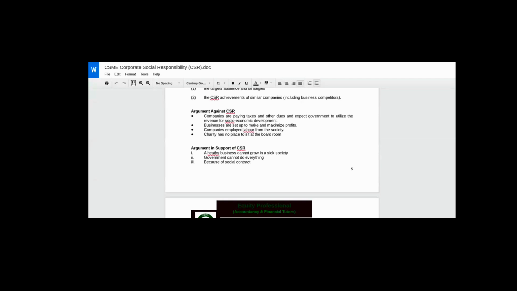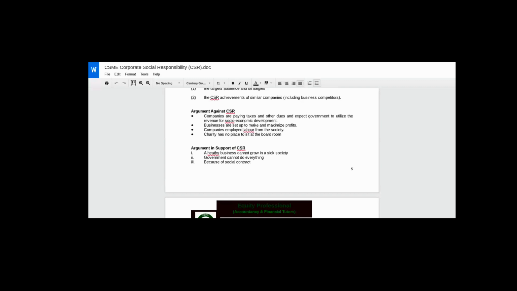So the argument against CSR, look at number one. They said companies are paying taxes and other dues to the government, and they expect the government to utilize the revenue for socio-economic development. What does that mean? They are saying that day in, day out, companies are paying taxes to the government.